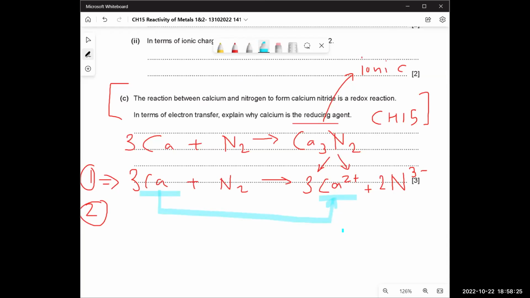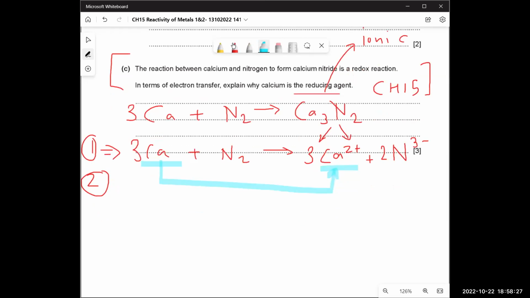Can you tell me what is the change happening? On the left side we have calcium and it becomes calcium 2 plus. 3 calcium becomes 3Ca2+. That's fine. But let's remove the 3 right now. We're just comparing calcium and calcium 2 plus.